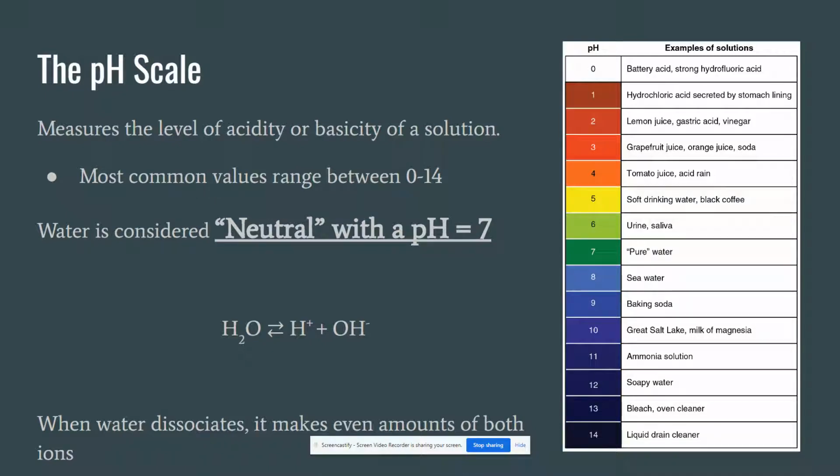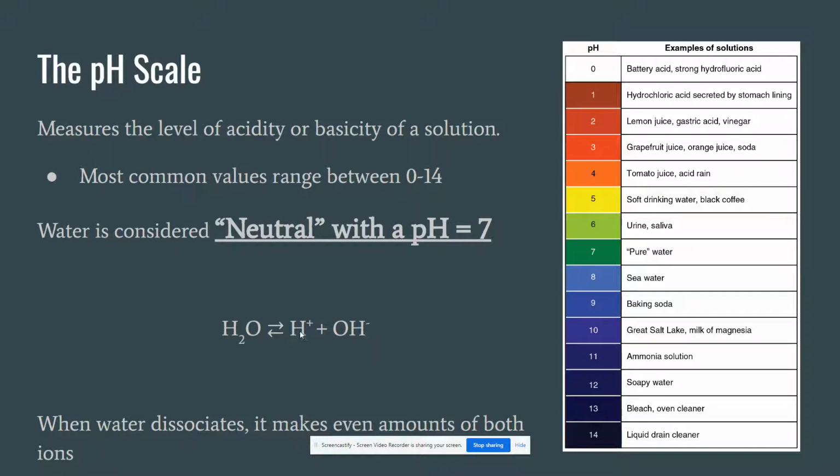Now, on this scale, pH 7 is the midpoint, and it's considered neutral. Water is considered neutral with a pH of 7. That's because if I think about water and the way that it would dissociate on its own, it would produce one hydrogen ion and one hydroxide ion when it dissociated.